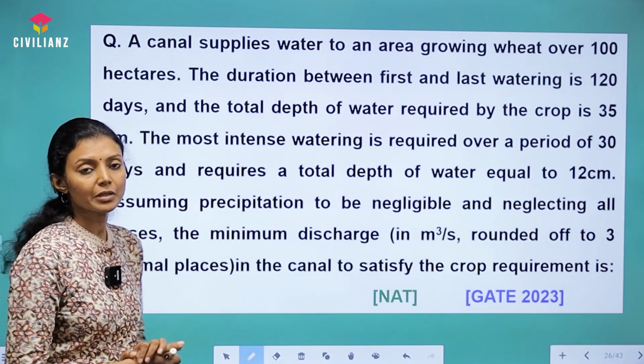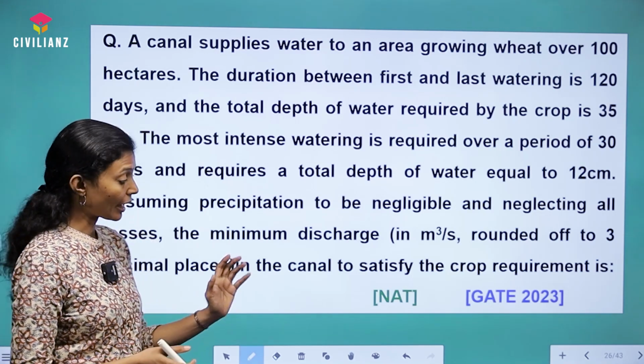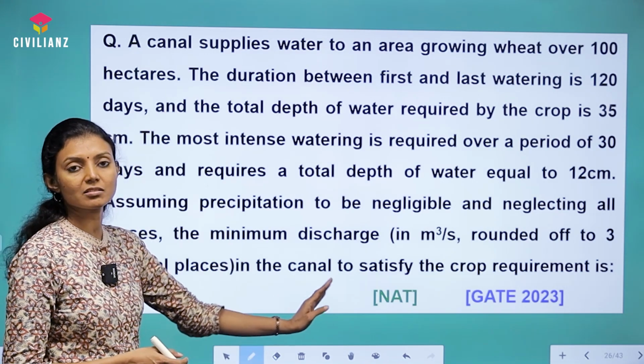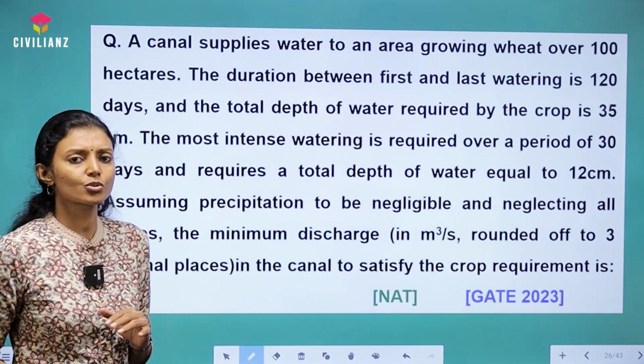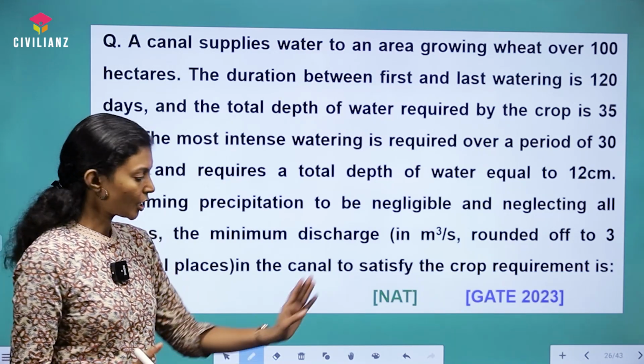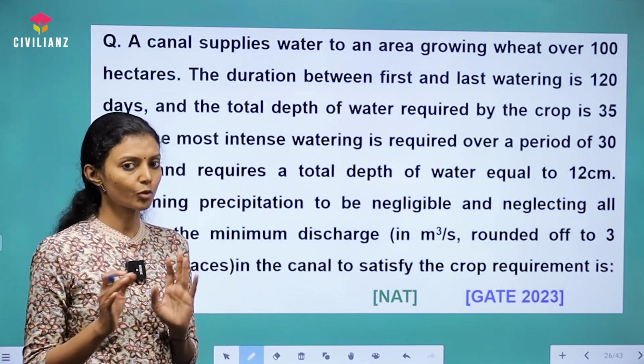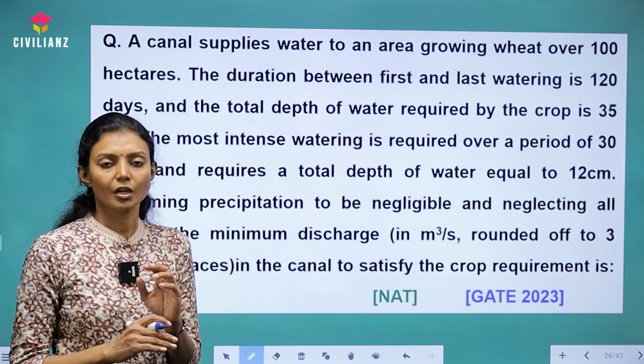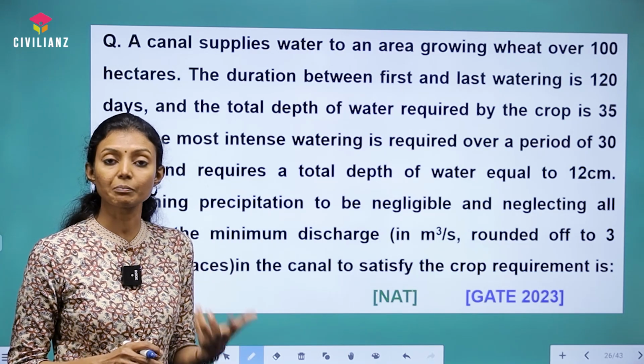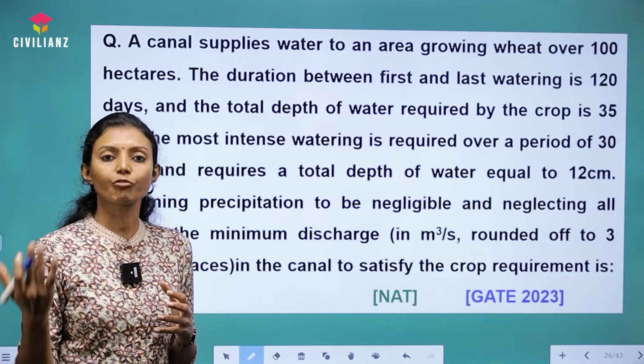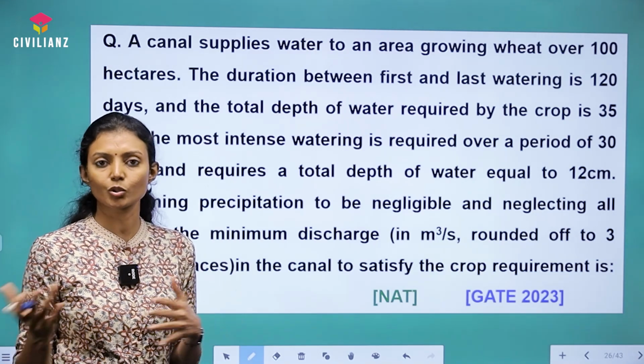The first problem is from GATE 2023 and it is a numerical answer type question. Let me introduce what a NAT question is. A numerical answer type question has no options. Usually MCQ or multiple choice questions have 4 options A, B, C and D, or 1, 2, 3 and 4.